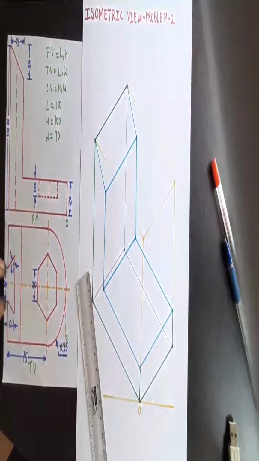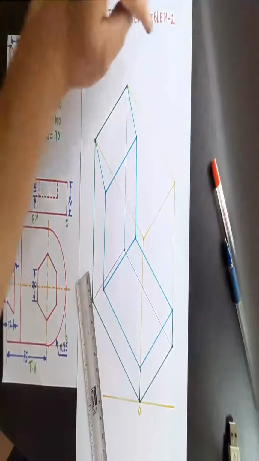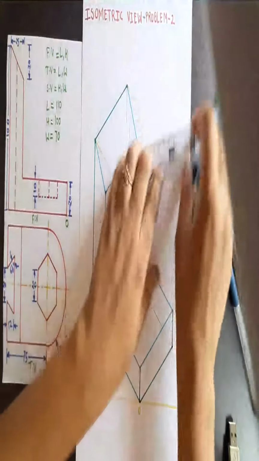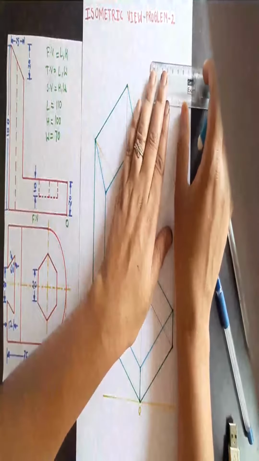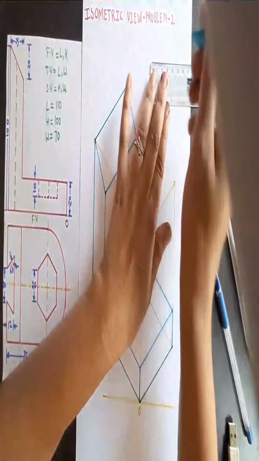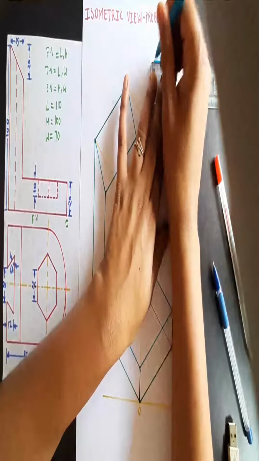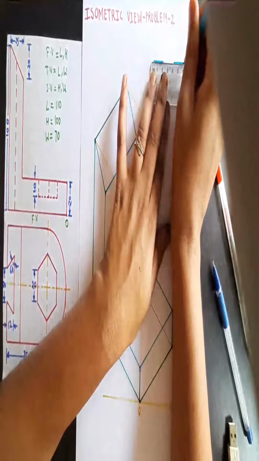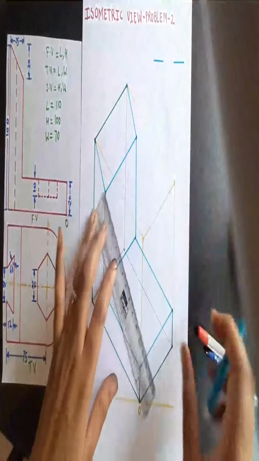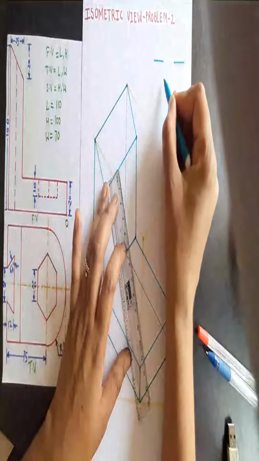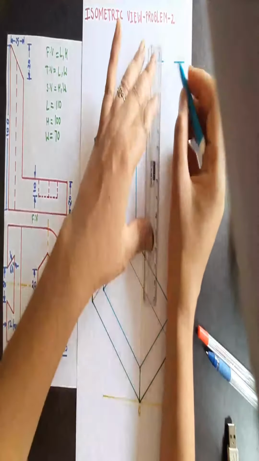This distance is already given over here, that is 20 mm. This distance is also given, that is 12 mm, but this distance is not given. So find that distance by drawing this slot separately. So let me draw it over here. For that, draw a line, draw points which are 20 mm apart from each other, and then from here take a height of 12 mm.